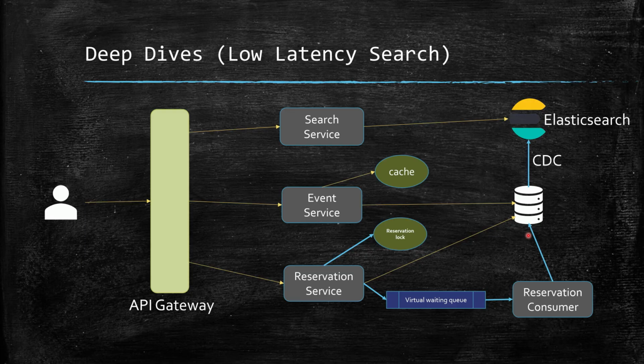So any updates, any writes to your database will simply trigger an event, and it will write an entry inside Elasticsearch. It can write an entry inside a queue, a Kafka queue for example, and then from the Kafka queue, you can write your own consumer, do transformation, and then persist it in Elasticsearch.